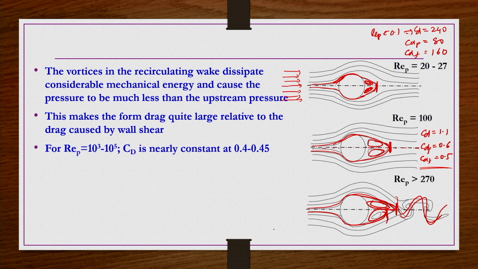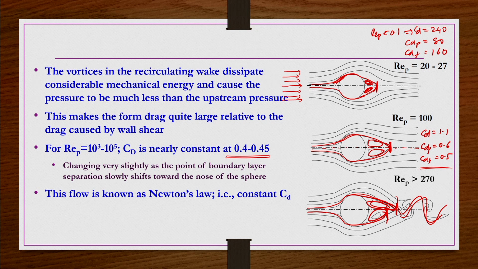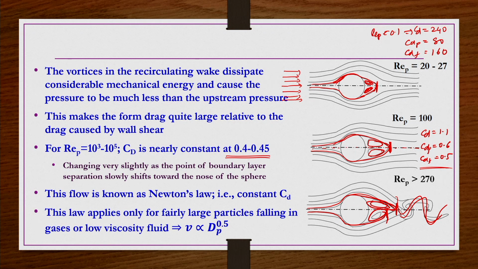For REP in the order of 10 power 3 to 10 power 5, CD is nearly constant between 0.4 to 0.45, changing slightly as the point of boundary layer separation slowly shifts towards the nose of the sphere. This region where the drag coefficient becomes constant at 0.4 to 0.45 is known as Newton's law, the constant CD region.